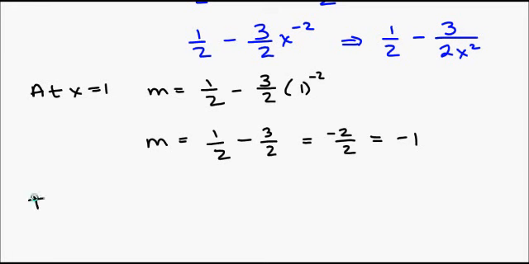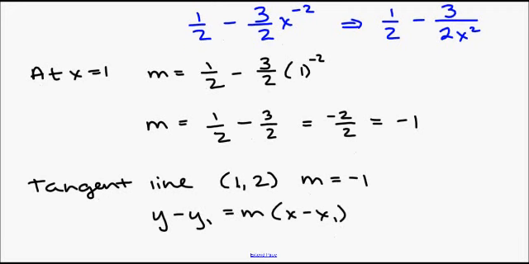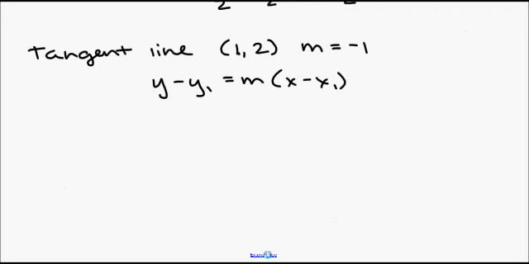Now the tangent line at 1, 2 with the slope of -1 is, well, I'm going to use y minus y1 equals m times x minus x1. And let's see what we get.